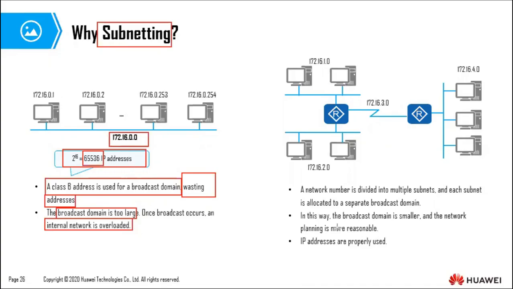So normally, we might want to divide a network into multiple sub-networks. That sub-network is what we're calling a subnet. Each subnet is allocated to a separate broadcast domain, meaning when you're on different networks, you must introduce a layer 3 device to be able to communicate. And if you send a broadcast packet, the gateway is going to discard it.